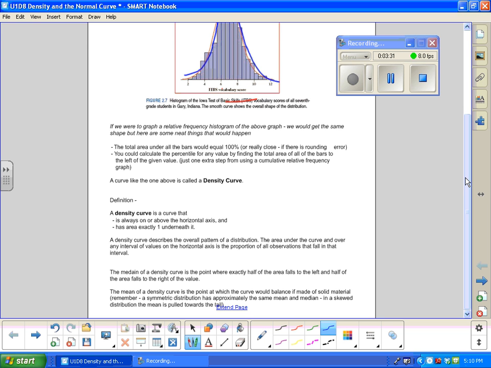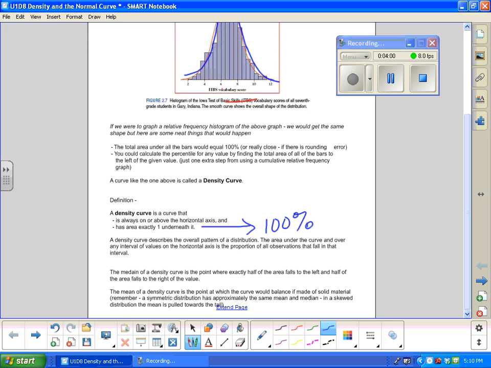So we have no need for anything below the x-axis. Also, since we're looking at a relative frequency histogram, all of those bars should add up to 100%. So we're going to think of this in terms of decimals. Another property of a density curve is that the area underneath that curve is exactly 1.